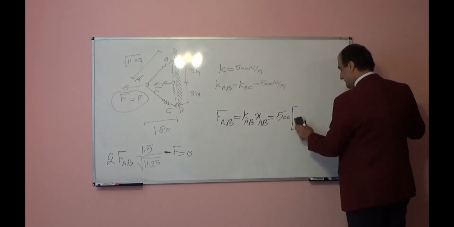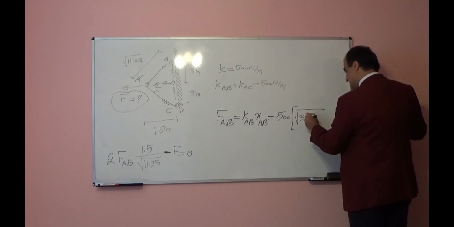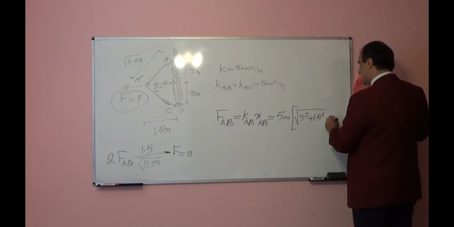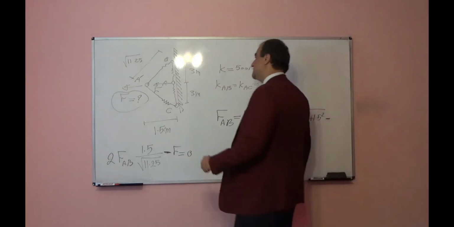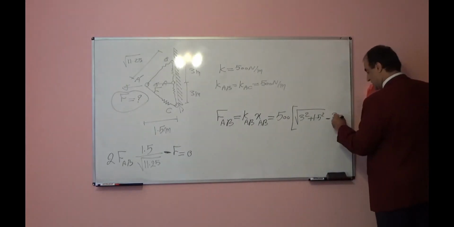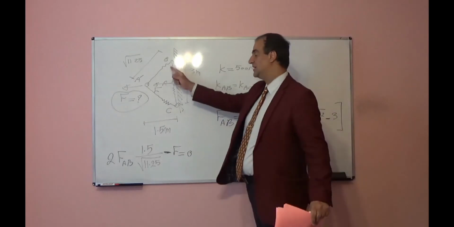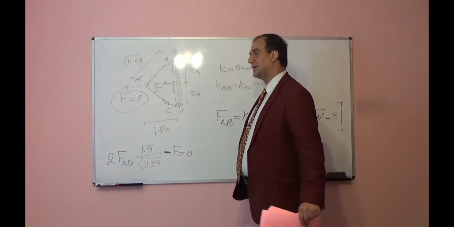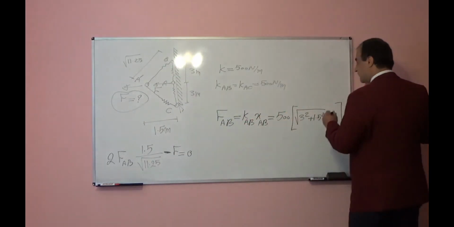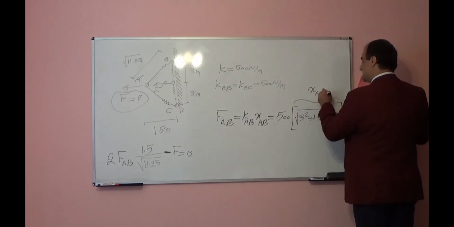The initial length was 3 meters. So the current length, A prime B, minus the initial length will give us the deformation in the spring, or XAB.